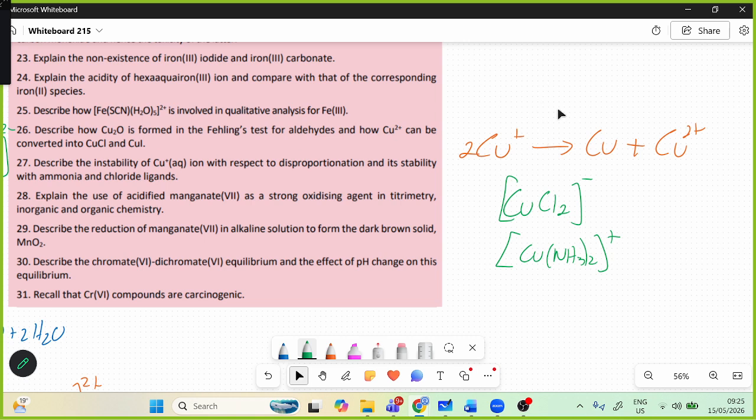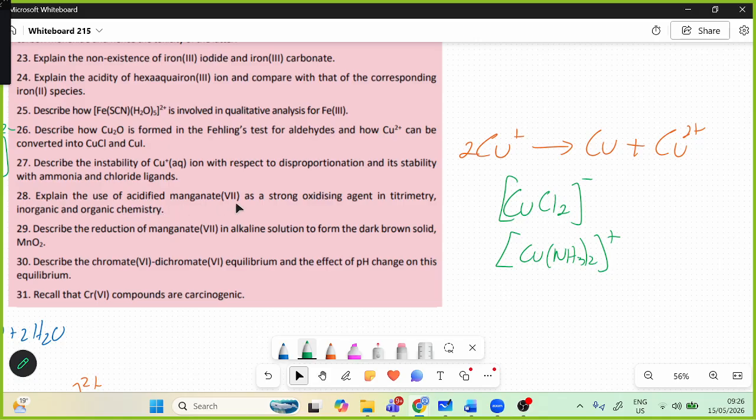Both of these are stable, and they are also linear. Cu+ and Ag+ complexes are always linear. Okay?